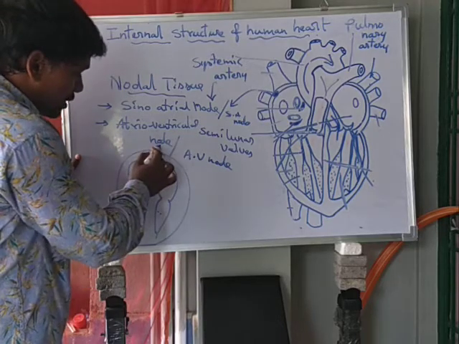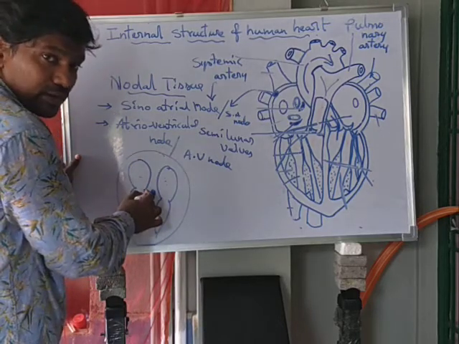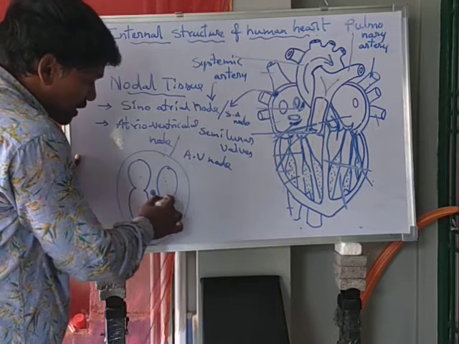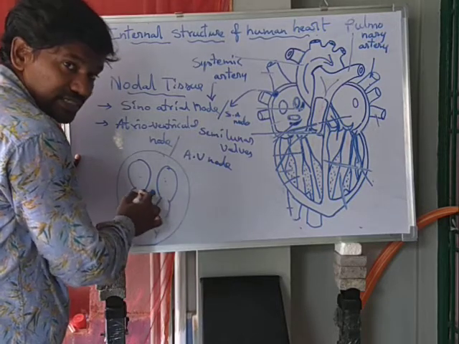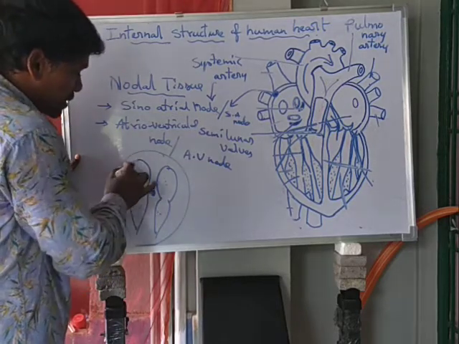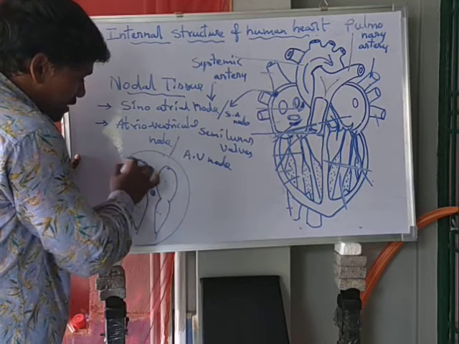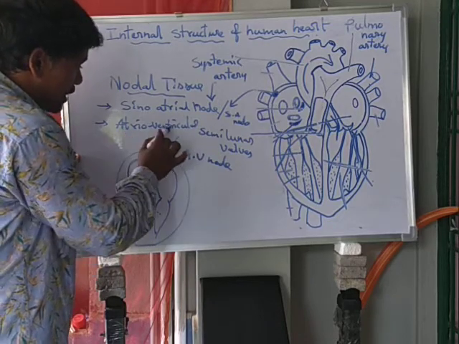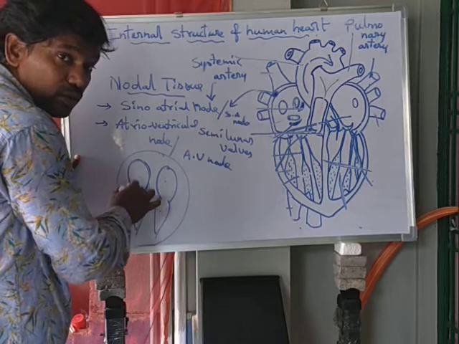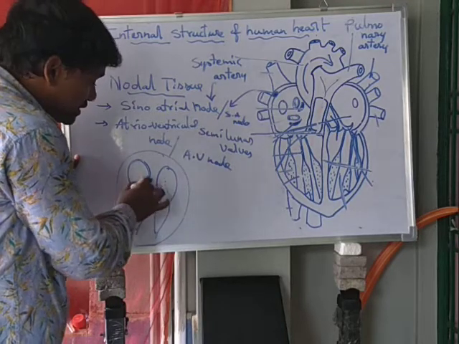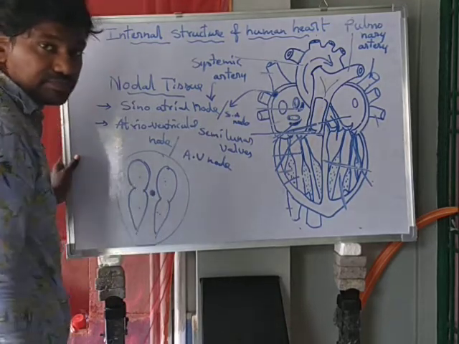So the atrioventricular node is present very close to the atrioventricular septum, in the lower left side of the right atrium.